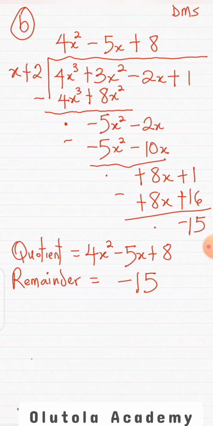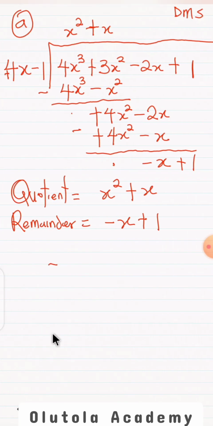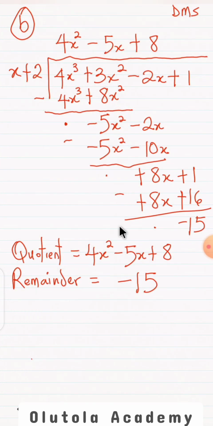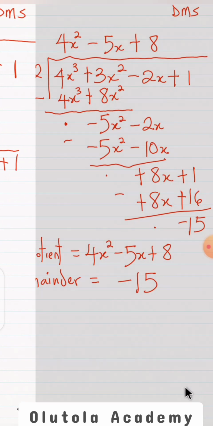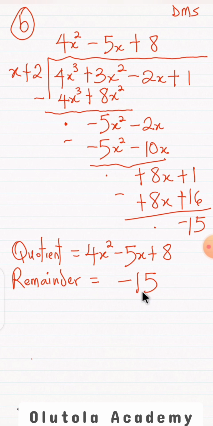Now the quotient that we have here is similar to what we have in the first question. They are both of order 2, but the remainder we had there, negative x plus 1, is here negative 15. So we need to know the difference.